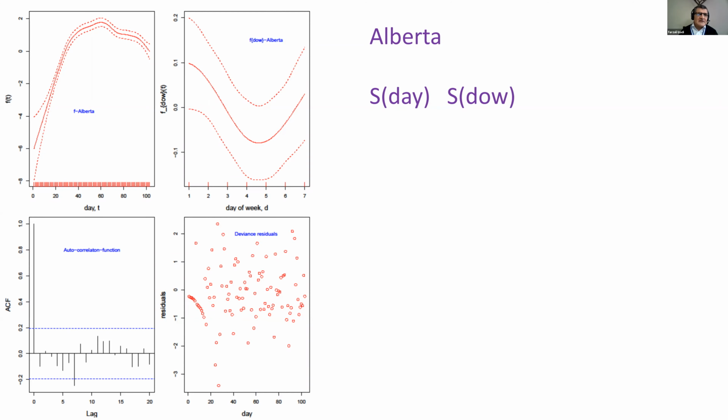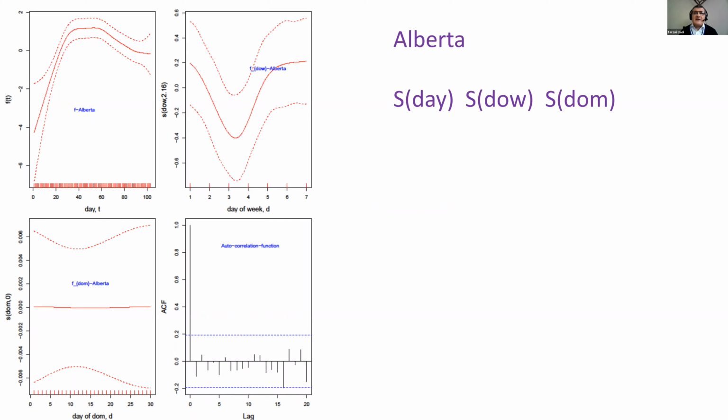This is Alberta S-day by week, and for S-day of week, S-day of month: the top left is F day, this one is day of week, and the bottom left is day of week, and this is the autocorrelation function, where I can't see any significant lag. So this case is a little bit better.